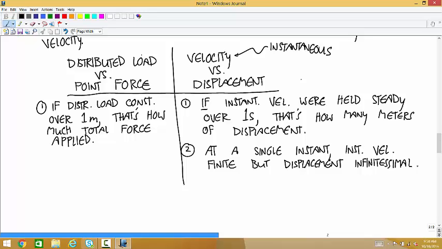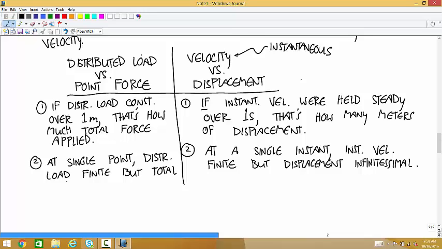And again, that's the same with distributed load. At a single point, the distributed load is finite, but the total force is infinitesimal.